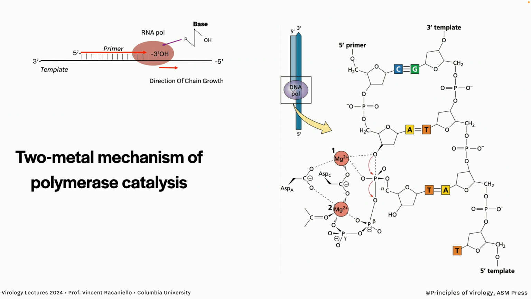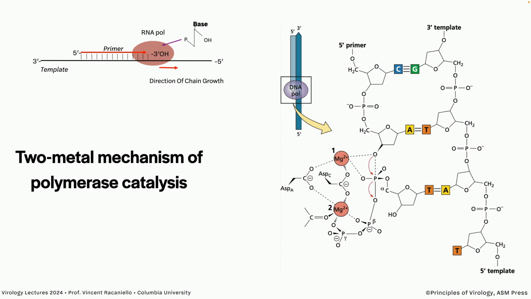And here, for example, so here is a T being added to this A by the polymerase. And you can see it's got 3 phosphates, 1, 2, 3. So it's a TTP, thymidine triphosphate. But during the polymerization, the last 2 phosphates are removed, and you end up with just 1 phosphate in between the bases.